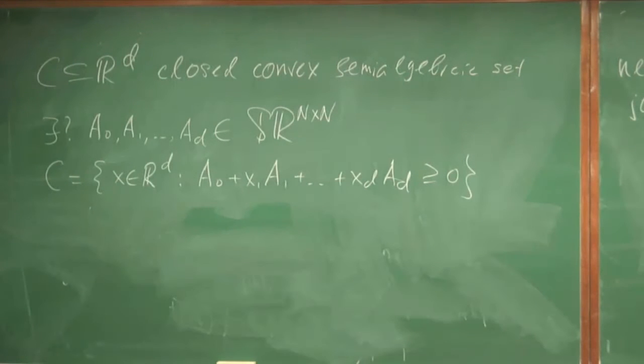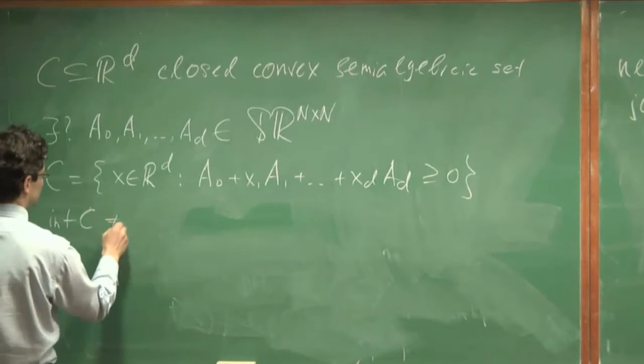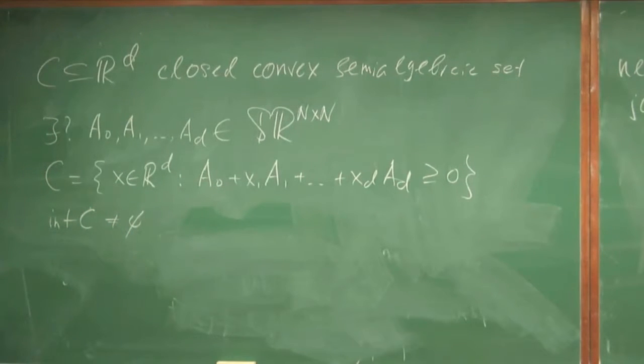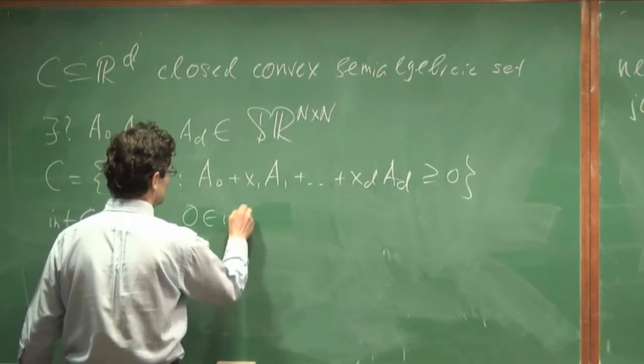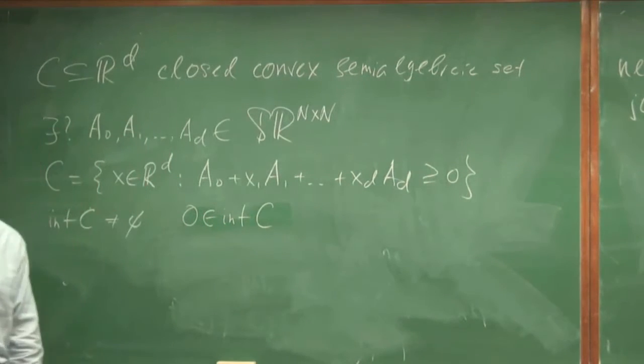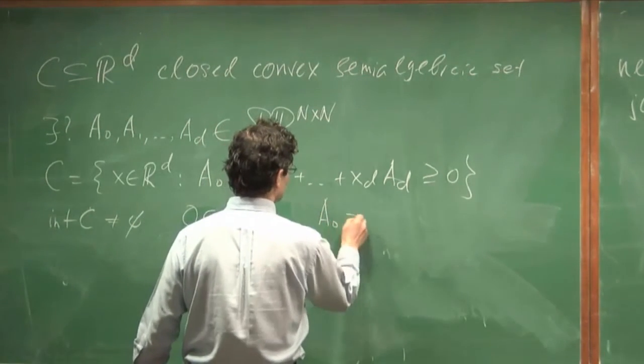So that's the basic problem, and I will always assume that the interior of C is not empty, and in this case we might as well normalize by 0 being an interior point, and then we also might as well normalize by taking A0 to be the identity matrix.